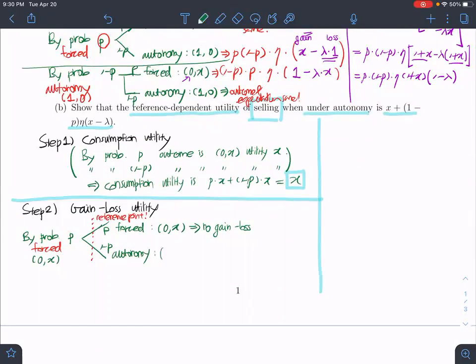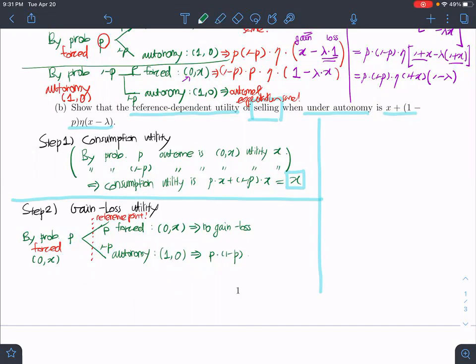So my reference point was 1, 0, because I didn't sell the mark, I didn't get any money from anyone. So now we have gain and loss. So P times 1 minus P. This P comes from here, this 1 minus P comes from here.